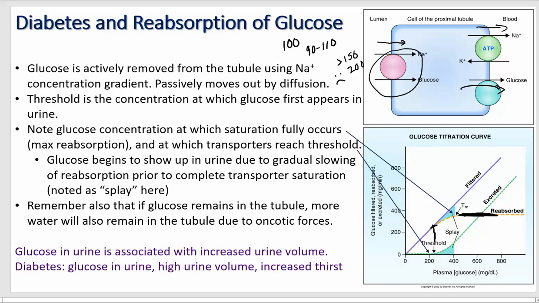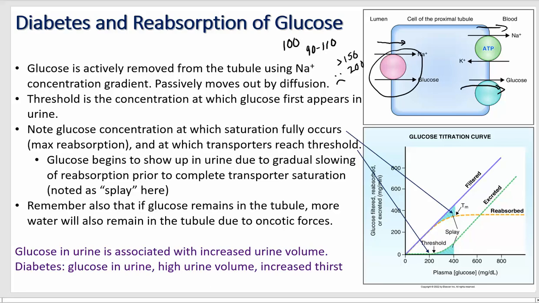But we can see at that point too, when it starts to slow down, we start to see glucose in the urine. And then at some point it's like, okay, the more glucose, the more excretion, because we've saturated. These guys are working as hard as they can, and they're not going to reabsorb any more glucose.